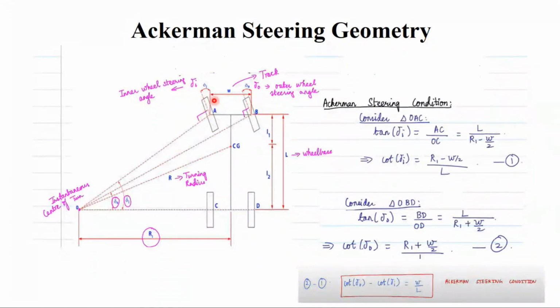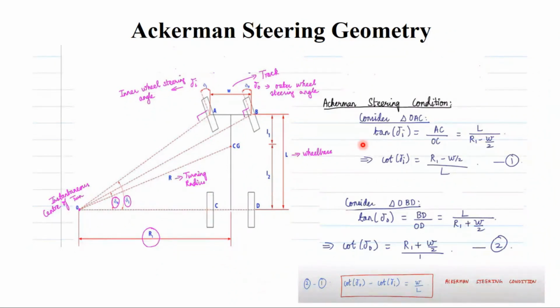Similarly, the angle between the instantaneous center of turn and the outer wheel is the outer wheel steering angle, del O.